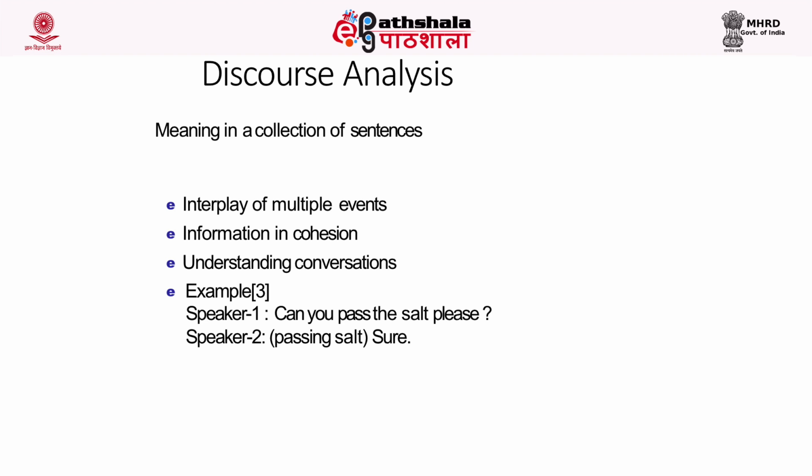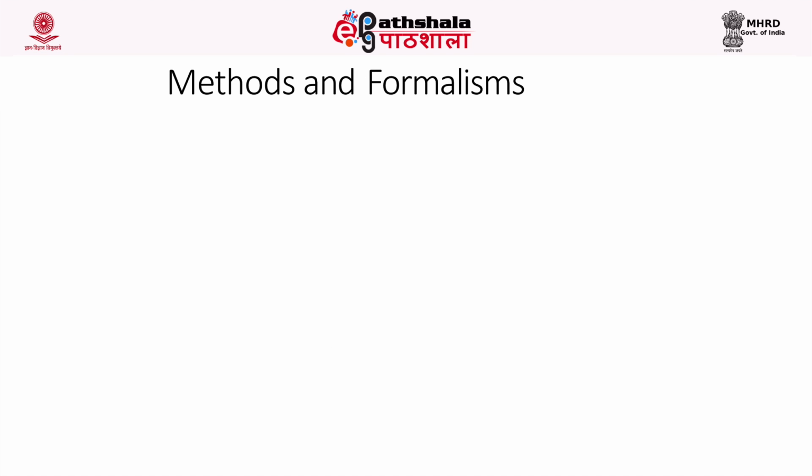The methods and formalisms used for analyzing text at various levels, one will be looking at next. So methods and formalisms: one of the tools that is available to computational linguists is finite state automata, and this is most frequently used for morph analysis.